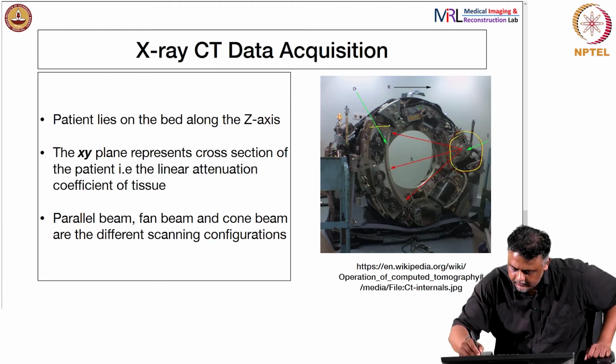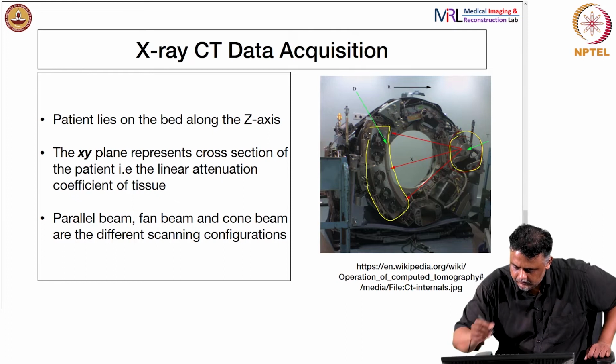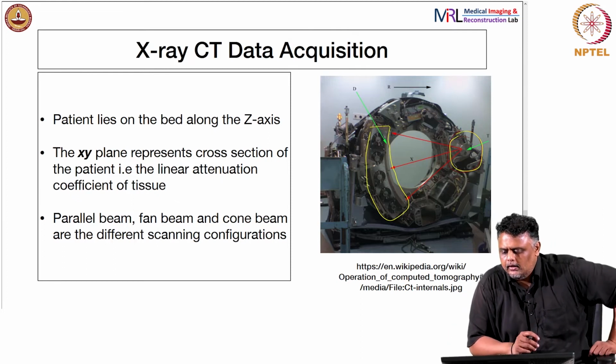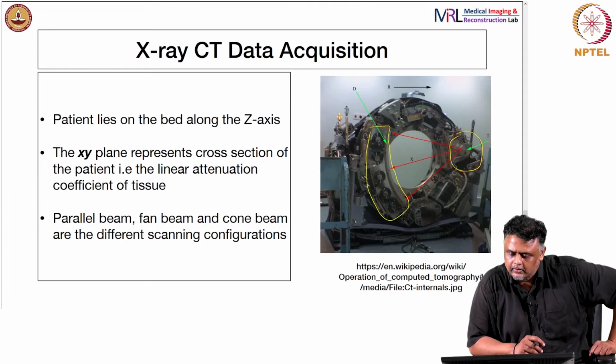The red marks just show the path of an X-ray from the X-ray tube to the detector array. Those are the lines that you would measure.